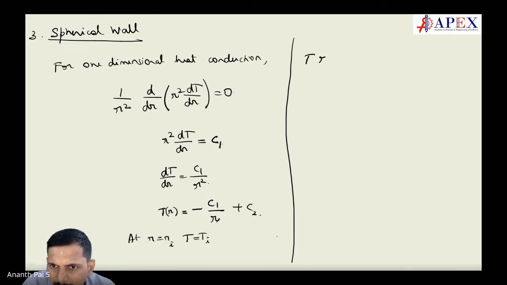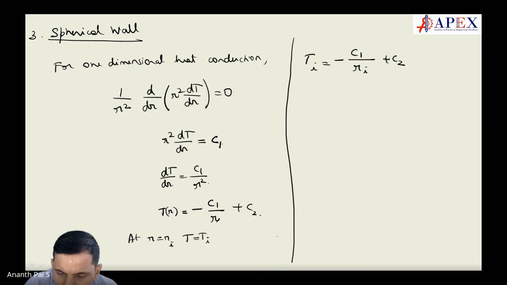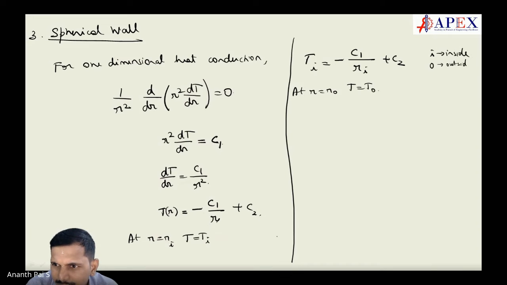Ti is equal to minus C1 by Ri plus C2. And at r is equal to R naught, T is equal to T naught outside. Okay, this is inside. I means inside, O means outside. Like this we'll assume.